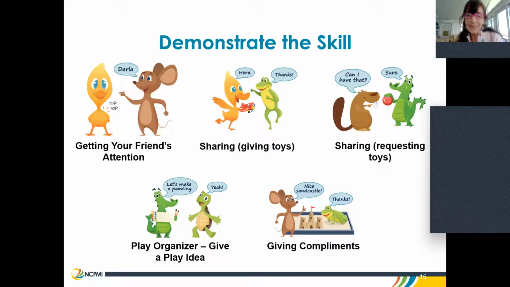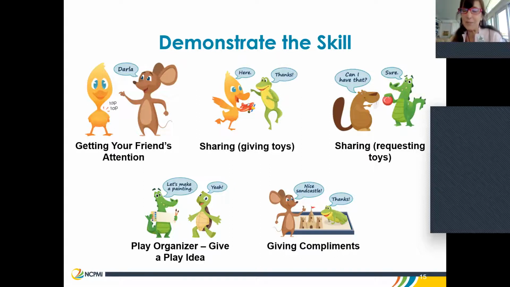And we practice a lot with sharing and giving toys. So sharing is about giving a toy and then getting a toy, and it's reciprocal, right? And then requesting. Part of sharing is, I'd like to play with that. Can I share with you? Can I have that? And then those play organizers, when we talked about, we actually can start teaching kids, okay, what would be some ideas you might have for play?